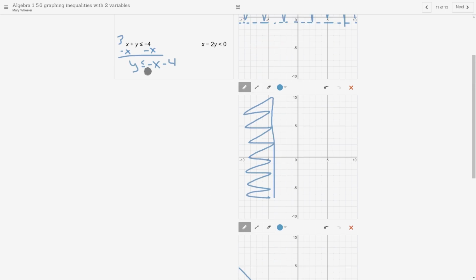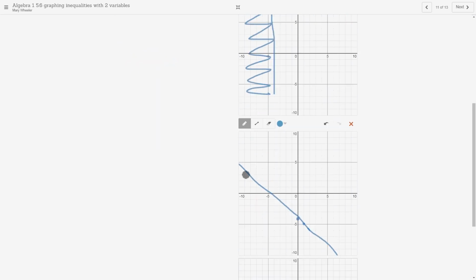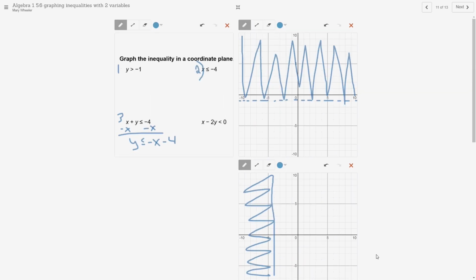And that was a less than, so I'm going to shade underneath the line. All right. I will let you do the last one on your own.